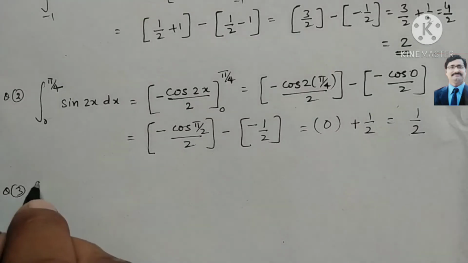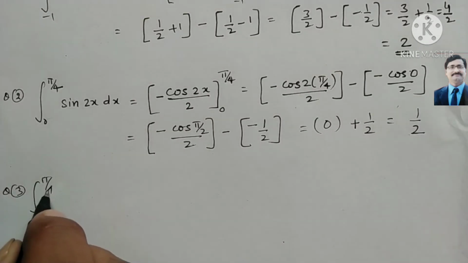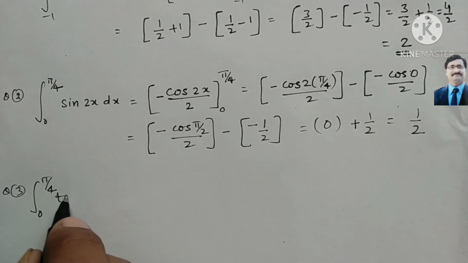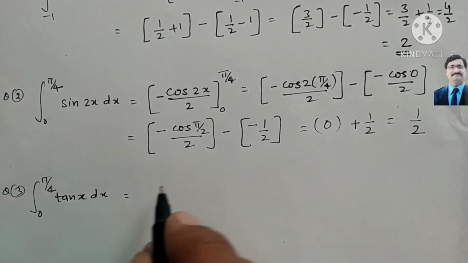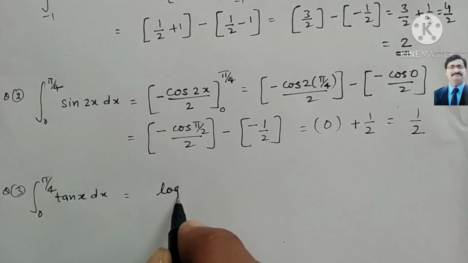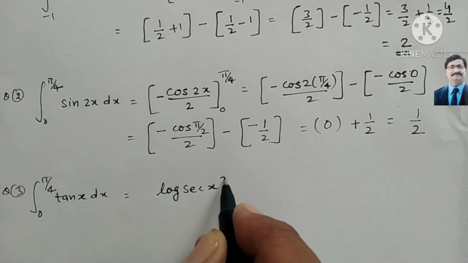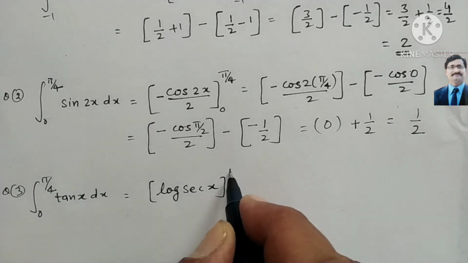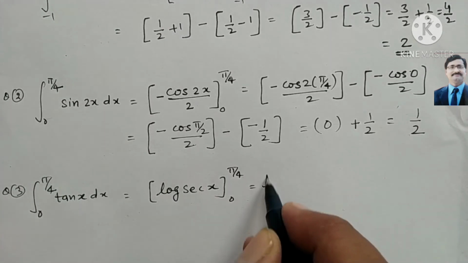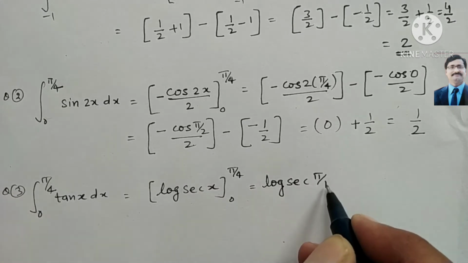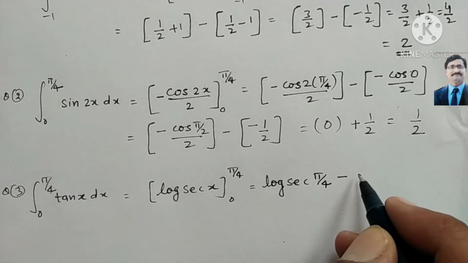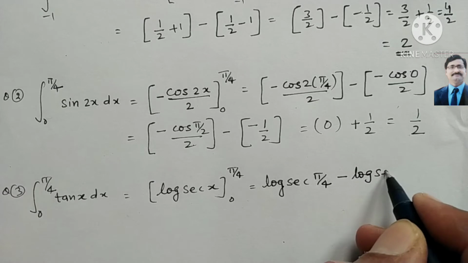This is question number 3: 0 to pi by 4, and we have tan x dx. Okay, tan x integral we know already, log sec x, and here the limit is 0 to pi by 4. First we put pi by 4, so log sec pi by 4 we have, and then we have log sec 0.